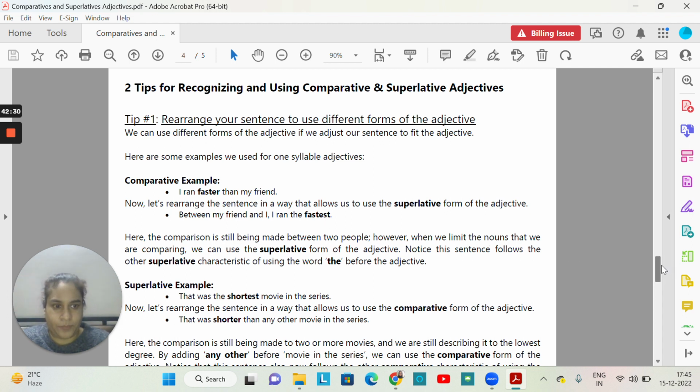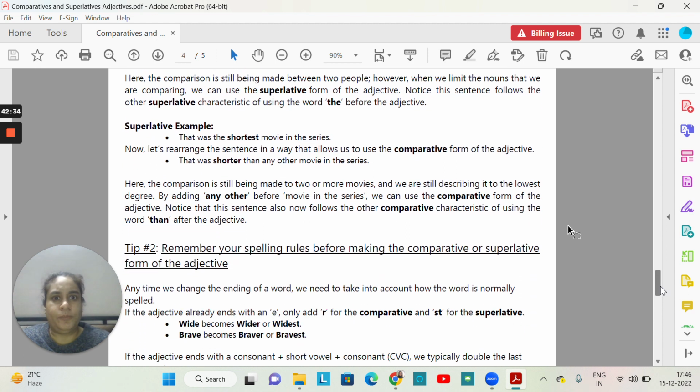Here, the comparison is still being made between two people. However, when we limit the nouns that we are comparing, we can use a superlative form of the adjective. Notice this sentence follows the other superlative characteristic of using the word the before the adjective. Superlative will always have the in the beginning.